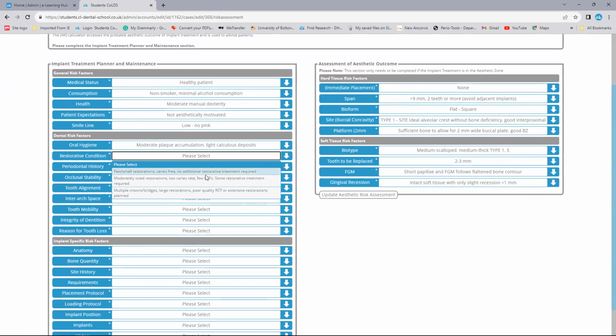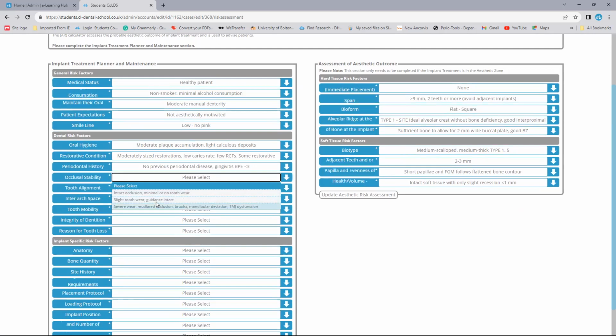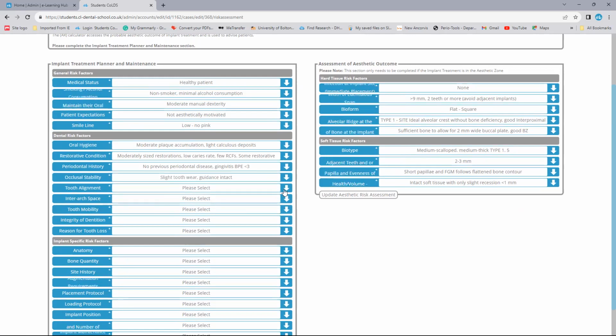Restorative condition, few small restorations, moderately restored. Periodontal condition, we would put no previous periodontal disease. You got all the PP lower than 3. Occlusal stability. Well, I think he's got a fairly intact occlusion, probably slight tooth wear and guidance contact.